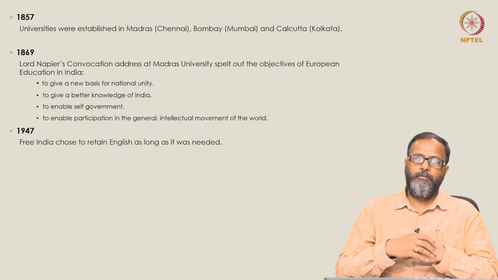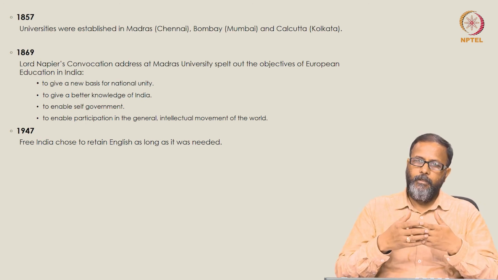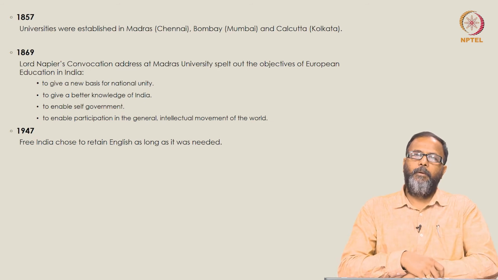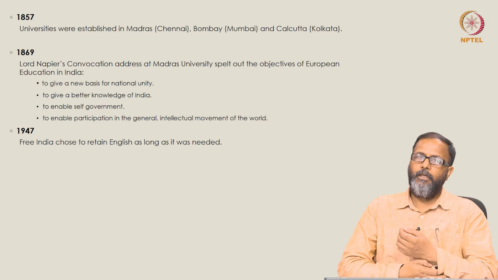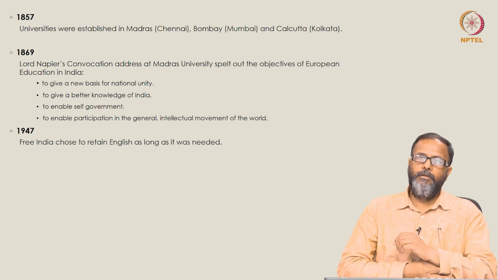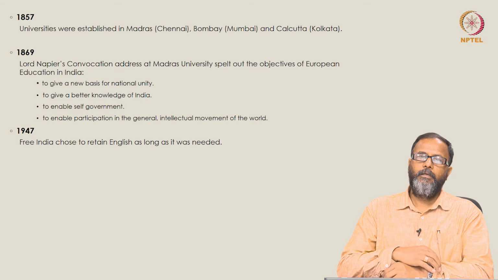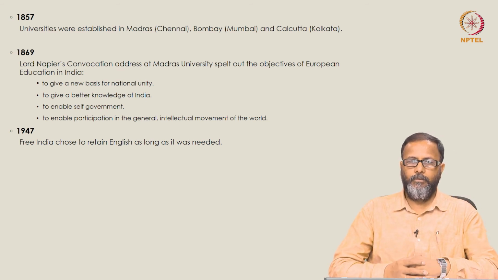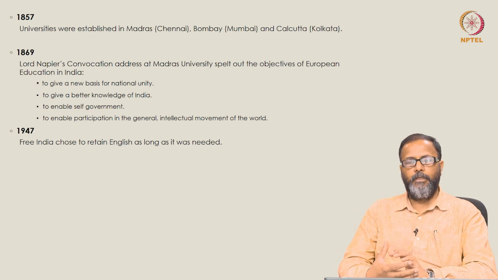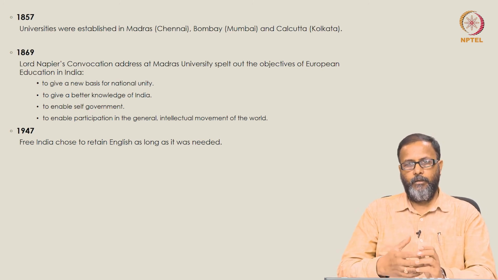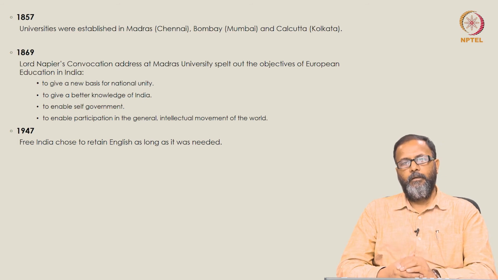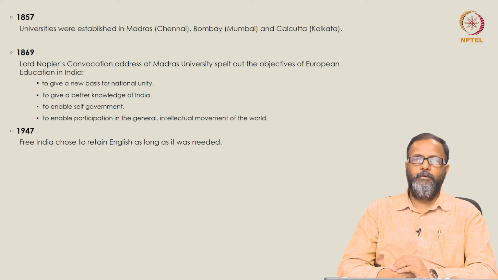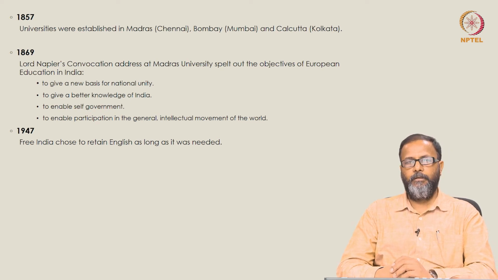In 1947, we received freedom, and free and independent India chose English to continue as long as it was needed. Right? So there was no compulsion of doing so, but because of certain political developments and certain ideological conflicts and perceptions, English continued even after we got independence in 1947.